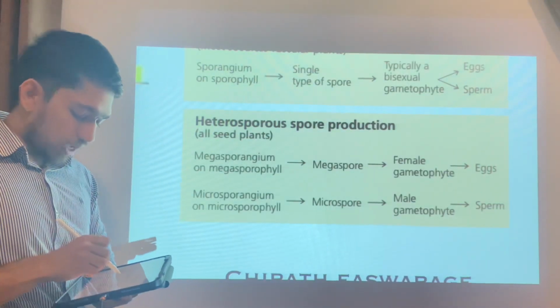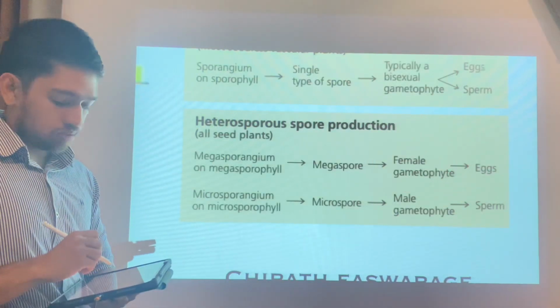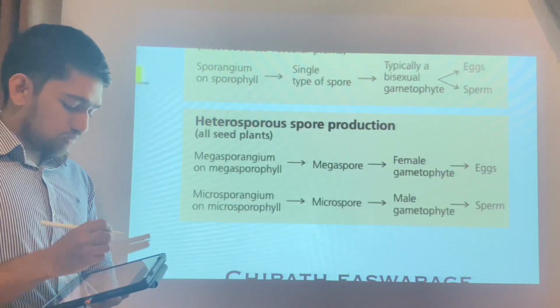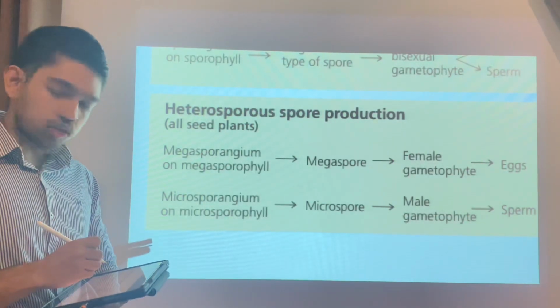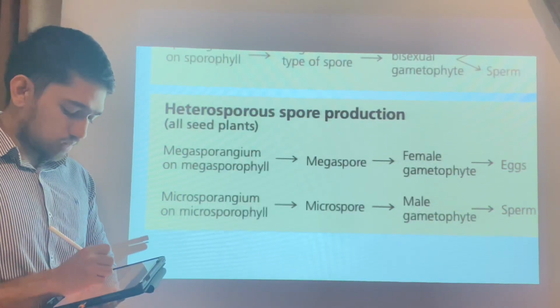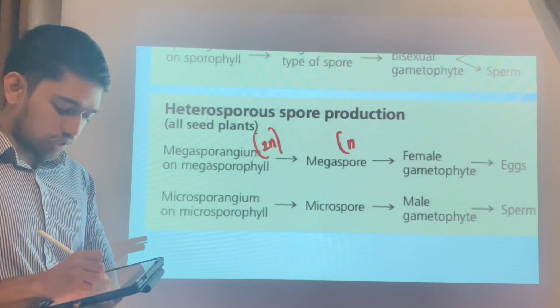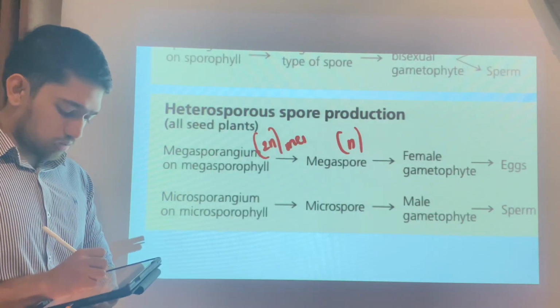The megaspore gives rise to the female gametophyte. If I ask you what sort of cell division produces this megaspore in the megasporangium: the megasporangium is diploid, and the megaspore is haploid. So what cell division should it be? It has to be meiosis.